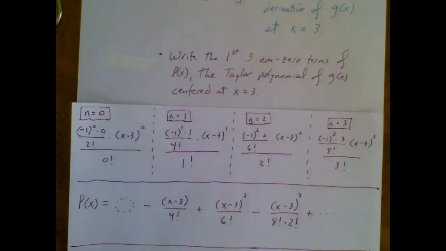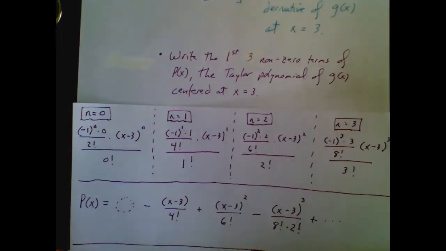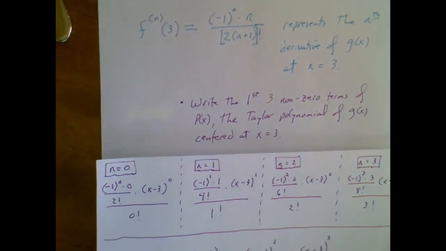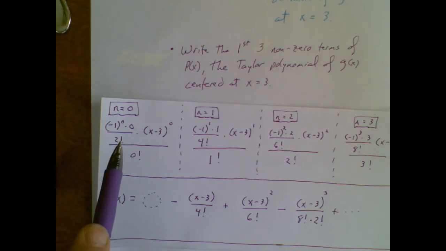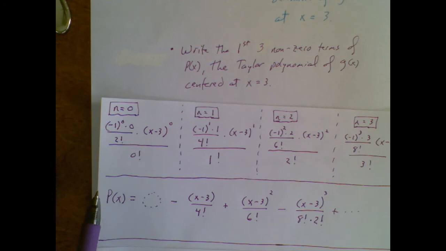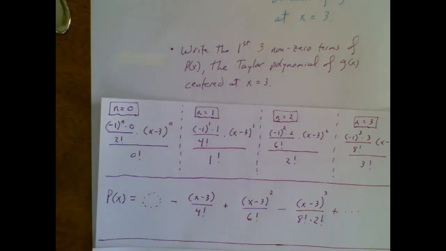So for this first one, write the first 3 non-zero terms. Basically, this derivative generator, this thing right here, is going to be used to fill out the derivative portion of the magic formula. Remember, the magic formula says that this is the derivative evaluated at the x value in question.